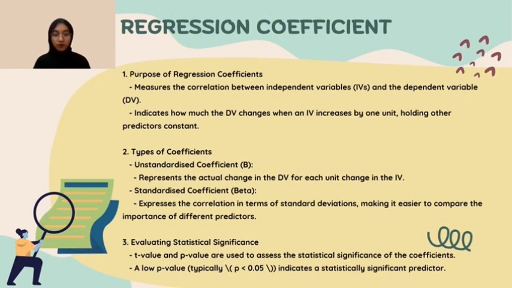There are two types of coefficients, standardized and unstandardized, with B representing the actual change for each unit change in the independent variable, and beta expressing the relationship in standard deviations. Statistical significance is evaluated using the t-value and p-value, with small p-values indicating a significant impact of the predictor on the dependent variable.